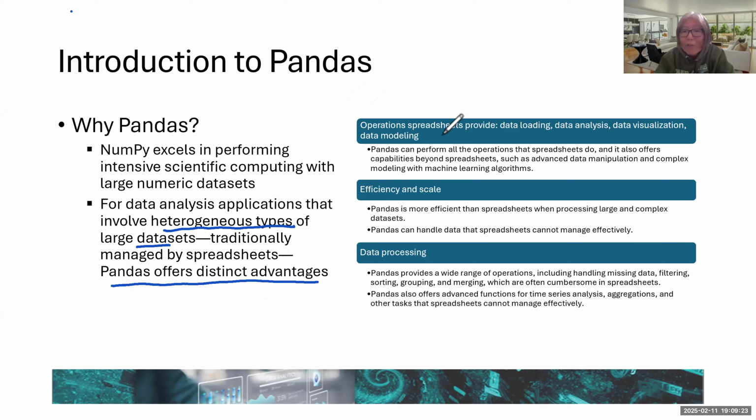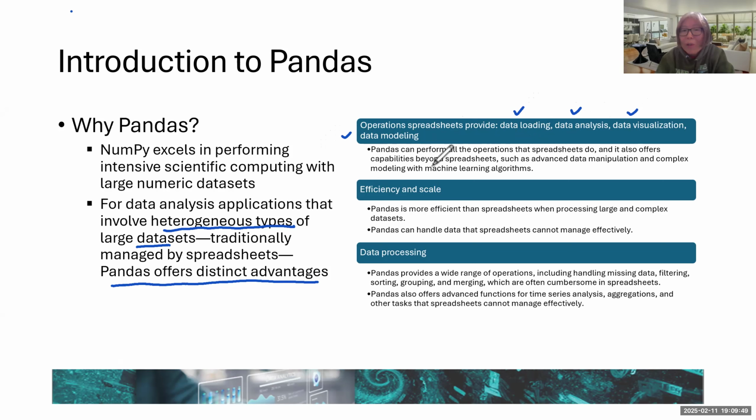So over here it explains that normally for an Excel spreadsheet, you can load the data, yeah, no problem. And then you can use Excel to do some analysis and also use the Excel sheet to do graph generation, okay, and also do some data modeling, okay. So Pandas can do all of what an Excel sheet can do.